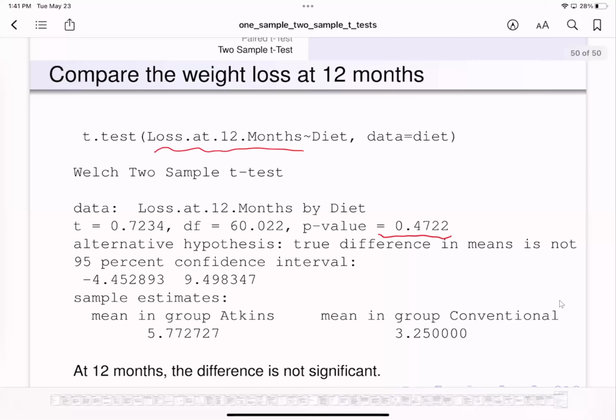In that case, we do not have paired data. So our statistic will be based on the average sample difference, which means x1 bar minus x2 bar, and then minus the mean difference under the null hypothesis, and then divided by the standard error.